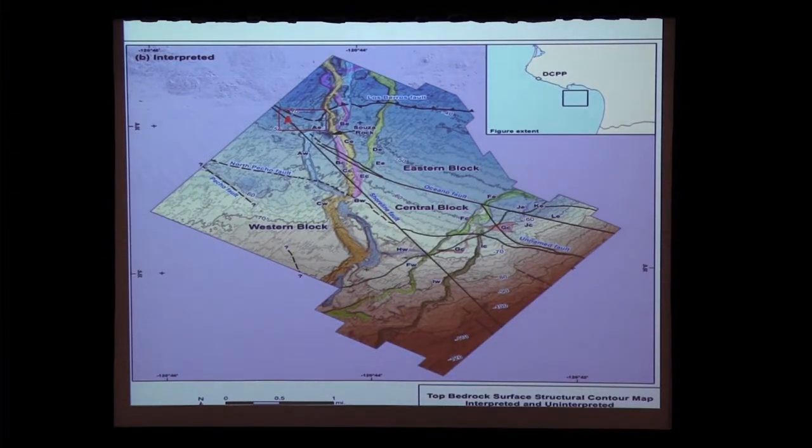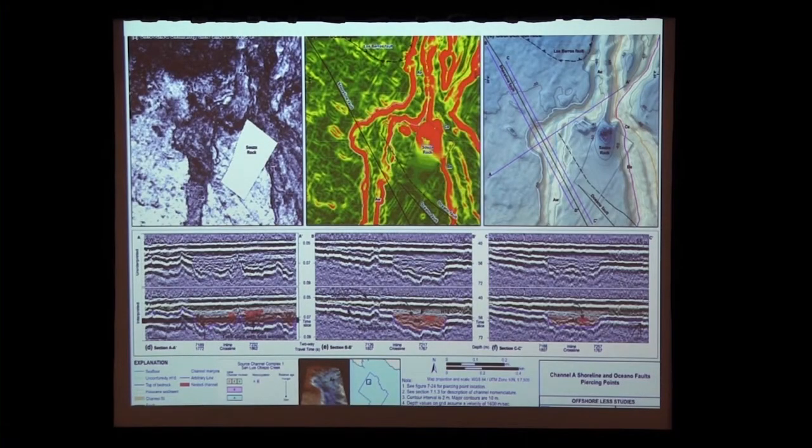Okay, so the next one, and I might have the same thing on channel A. Let's go and look at channel A. Again, the interesting thing is we see the shoreline fault comes right in through here. You can't see it well, but in the computer you can see it crosses through here.